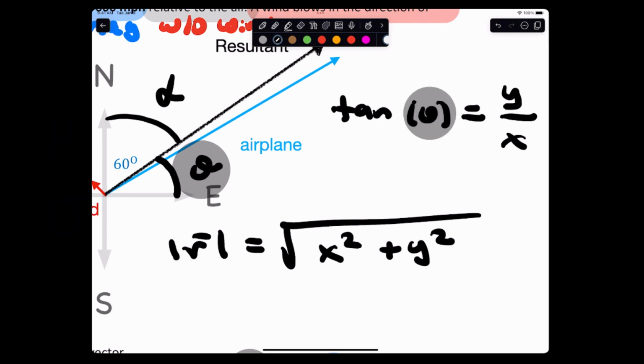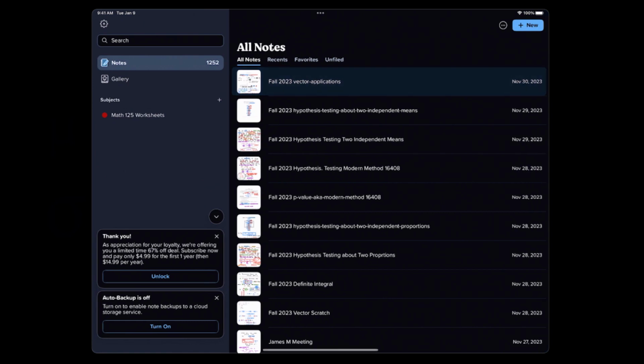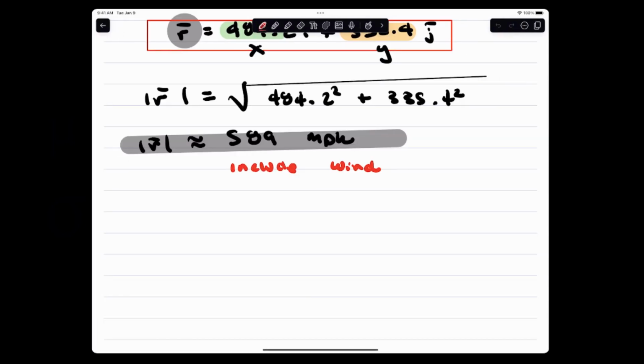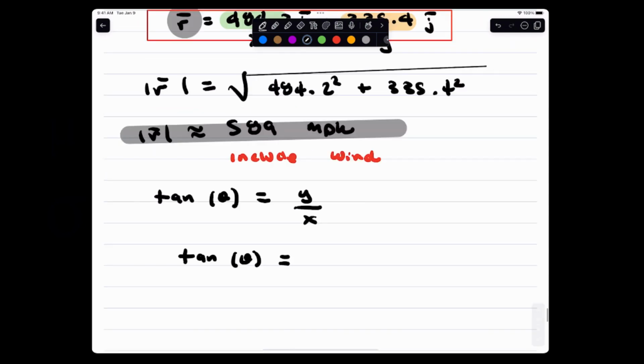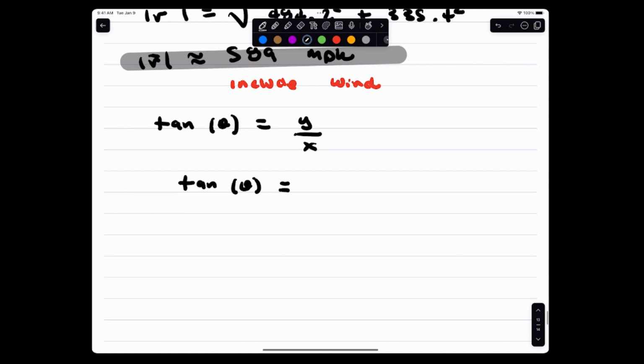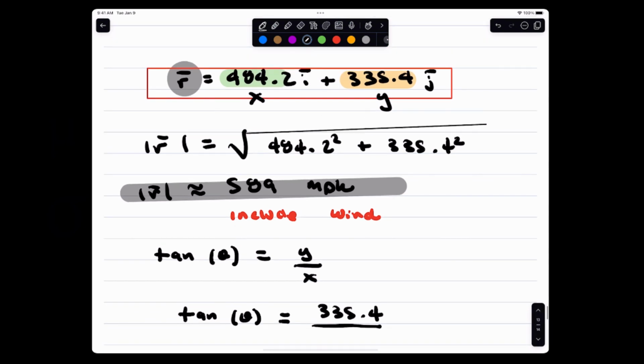So I need theta, the standard angle now. Let's write that down. Tangent theta is going to be what? Y over x. Tangent theta will be 335.4 divided by 484.2.